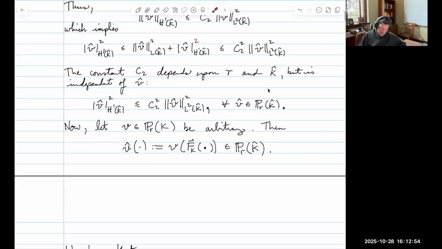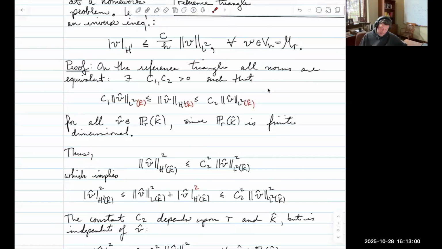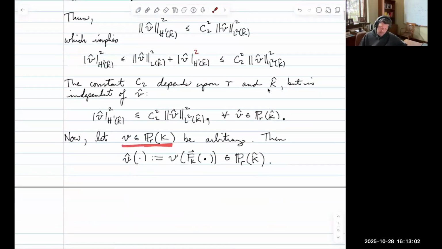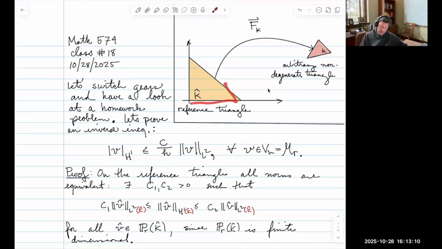All right, now let's let V be an arbitrary polynomial on that small triangle K out here. Then if we compose V with our transformation F, remember that's the transformation that takes the reference triangle to the small triangle.